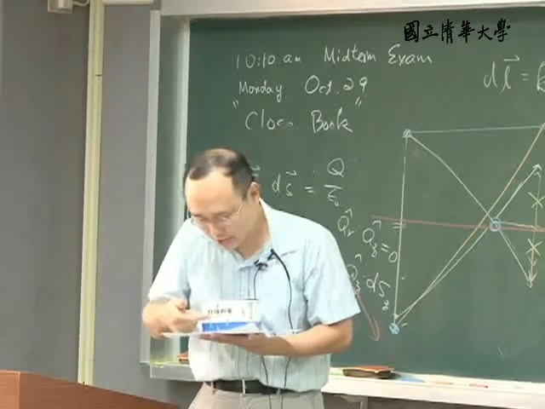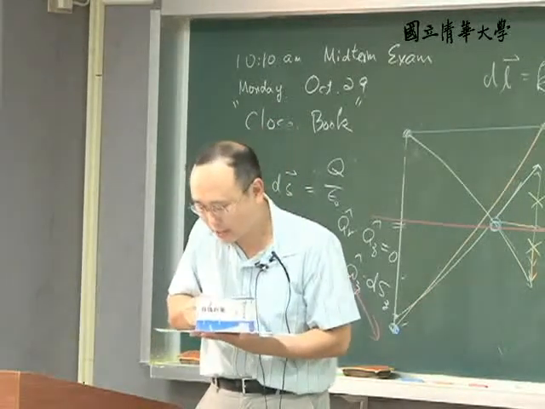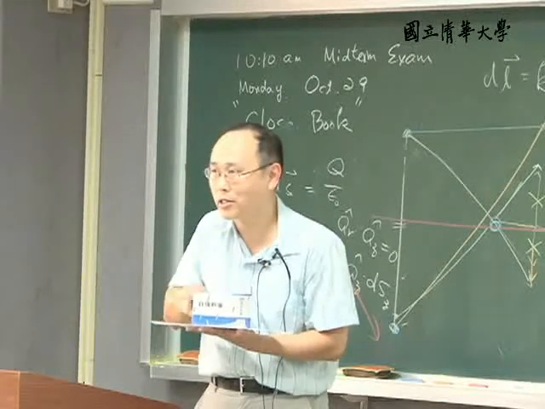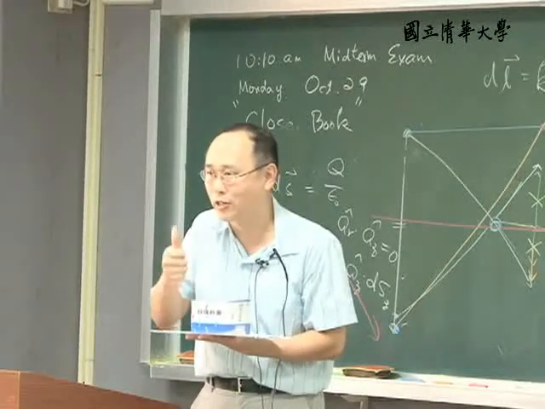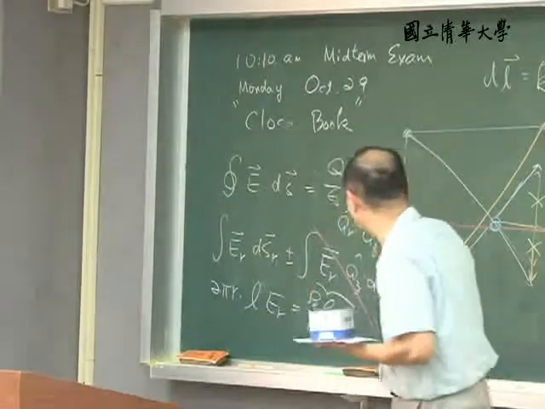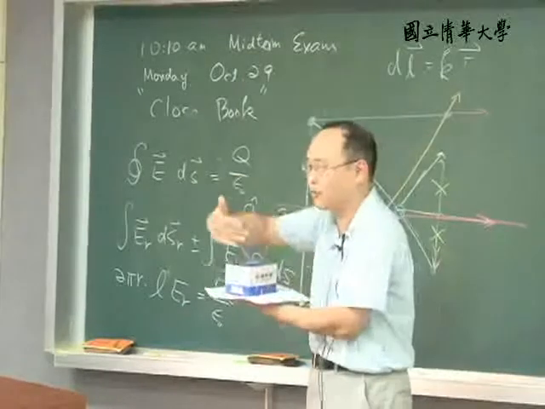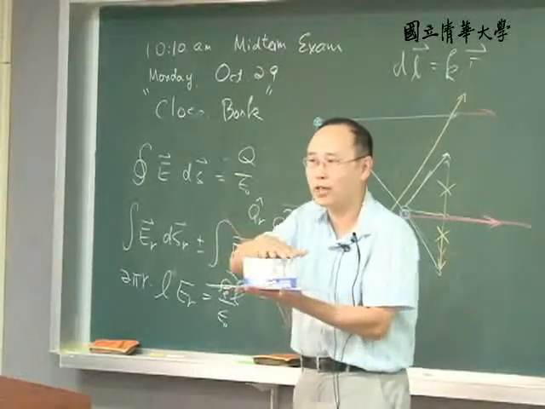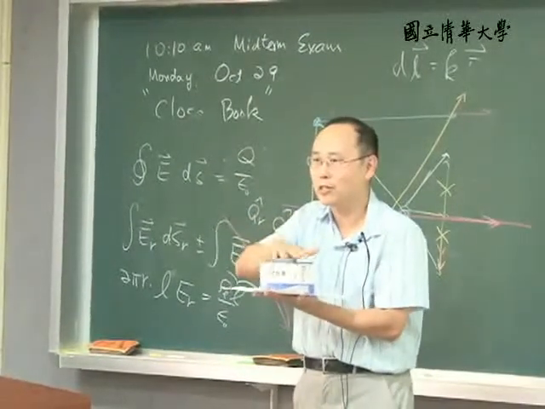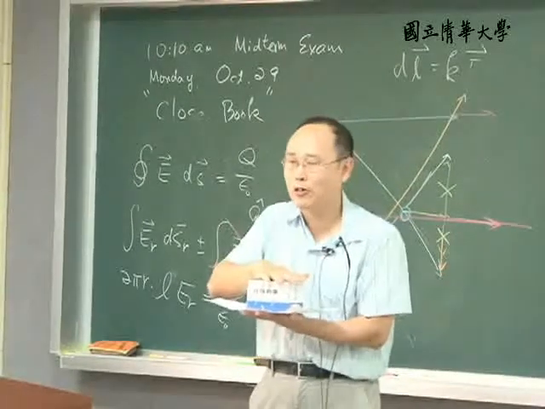The other surfaces have a direction perpendicular to your electric field, so your dot product is equal to 0 for this surface, this surface, this surface, and this surface.